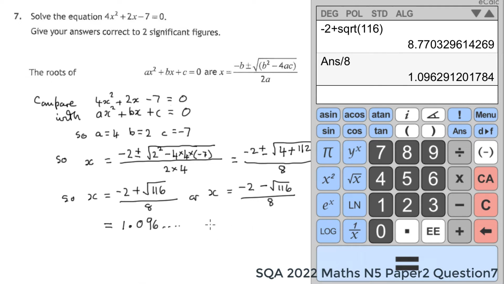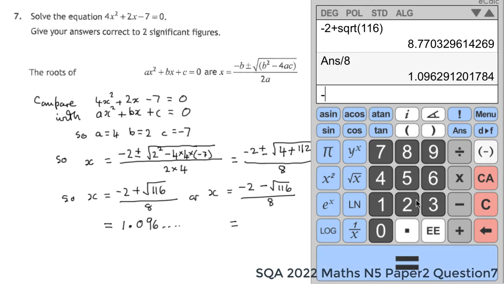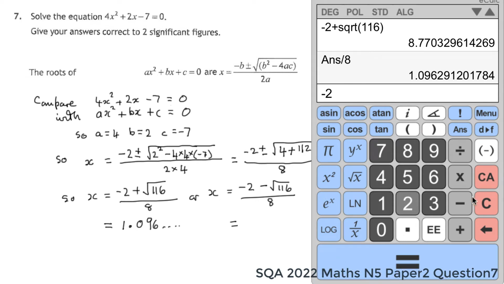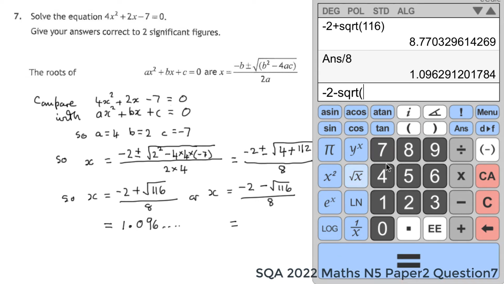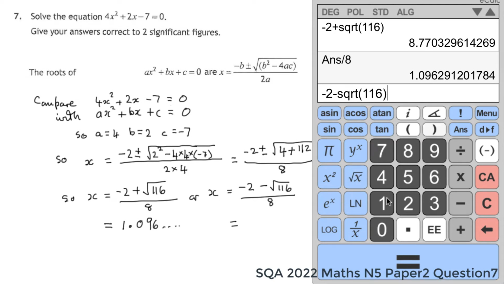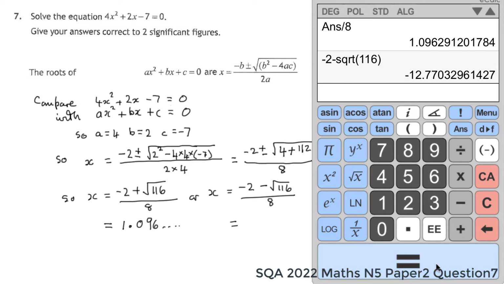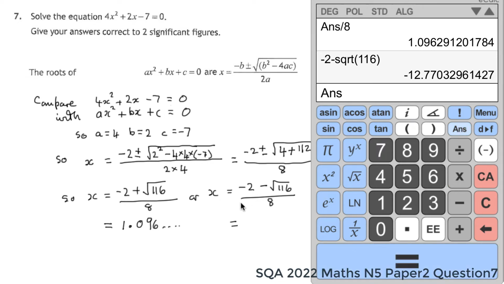Now the second choice, x could be, let's work this one out, -2, there's our -2, and this time we have to subtract the square root of 116. And we'll find out what that number is first, and then take that answer and divide it. See, it's the whole of that answer we have to divide by 8.